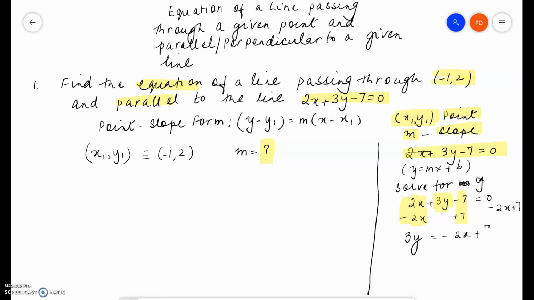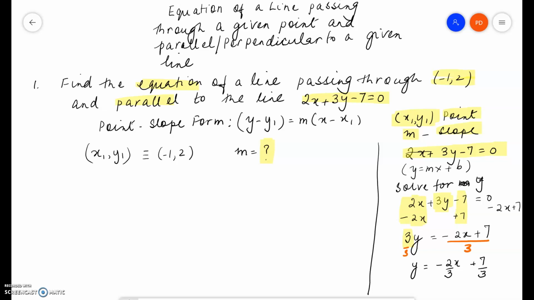2x plus 7. Now we need to get rid of the 3 because we're solving for y, so we divide both sides by 3. The entire side is divided by 3. So we get y equals negative 2x over 3 plus 7 over 3.